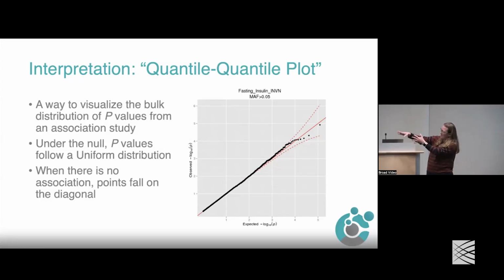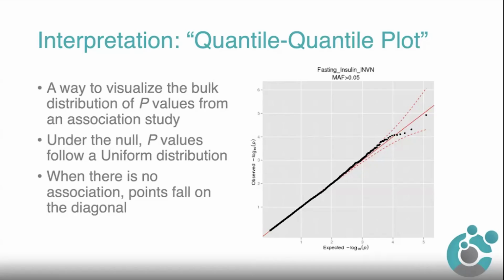You compare the observed median test statistic to the expected median test statistic, and that basically says, down in this part of the distribution, where you find the median, whether the observed median is larger or smaller than what you would expect.